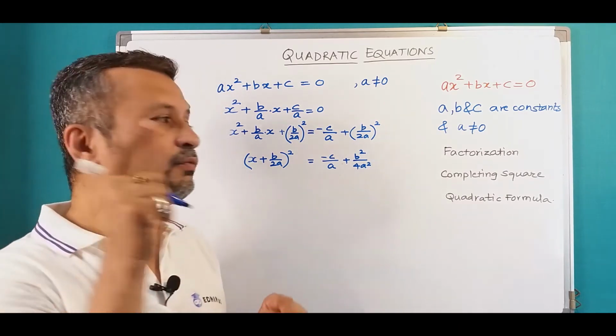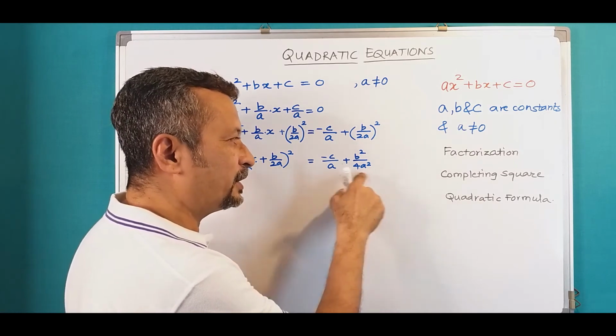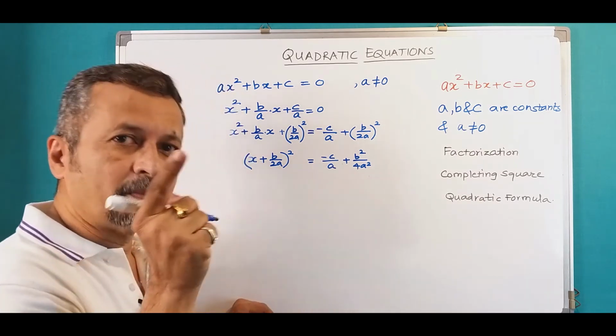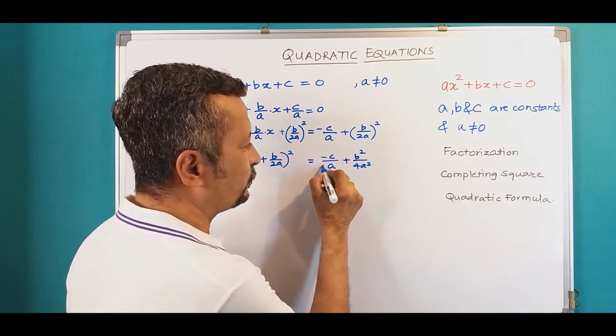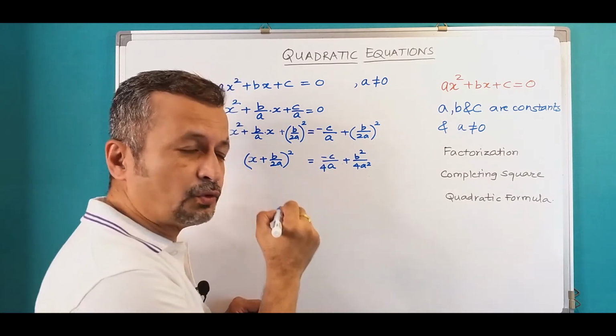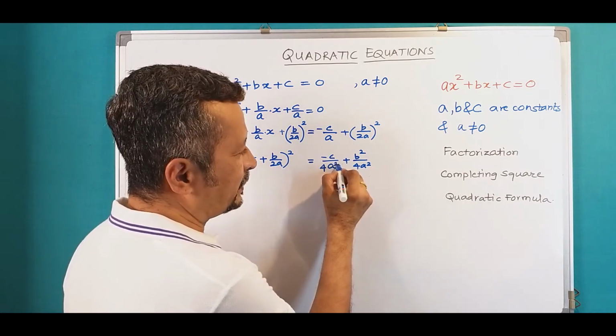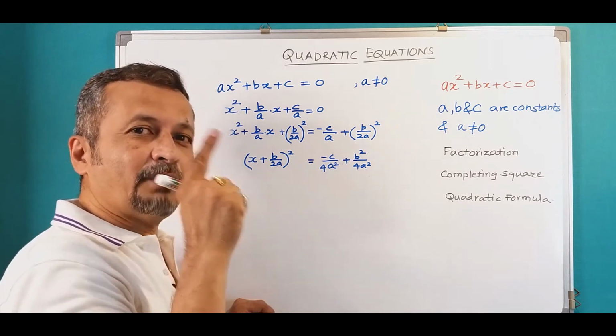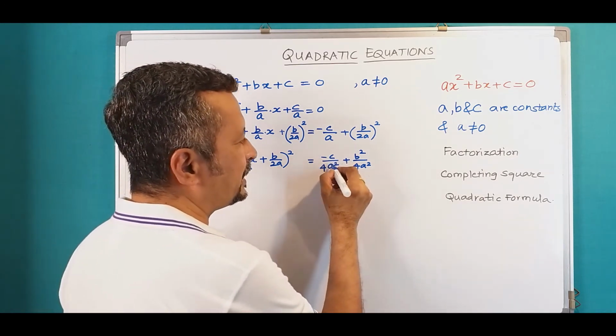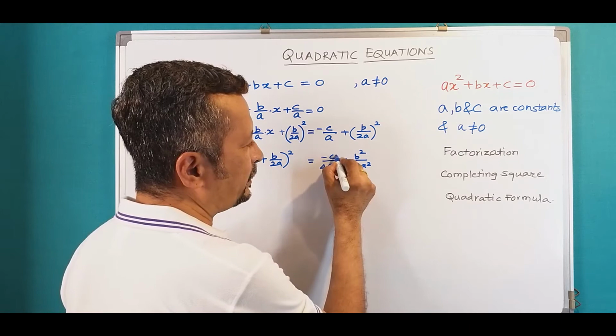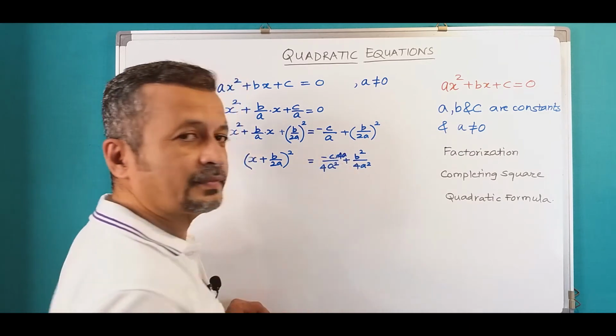Now if I want to make the denominator for both of them common, that is 4a square, I'll multiply the denominator by 4 and another a, so I am multiplying by 4a. So in the numerator as well I will have to multiply by 4a, correct?